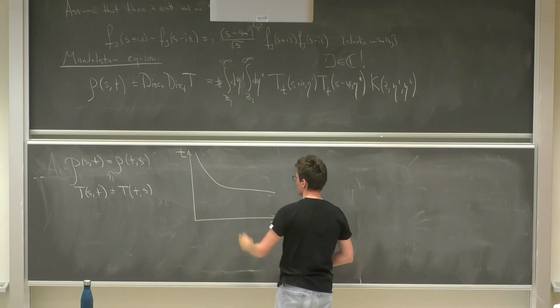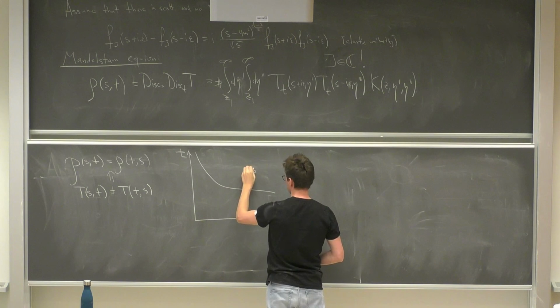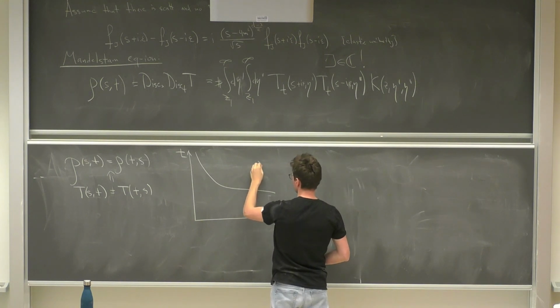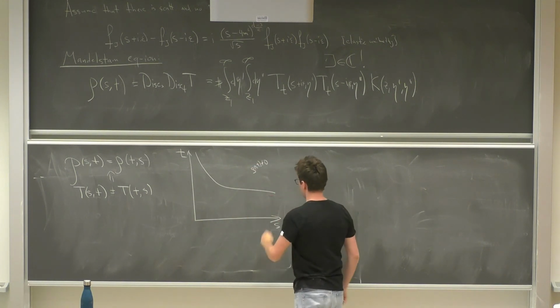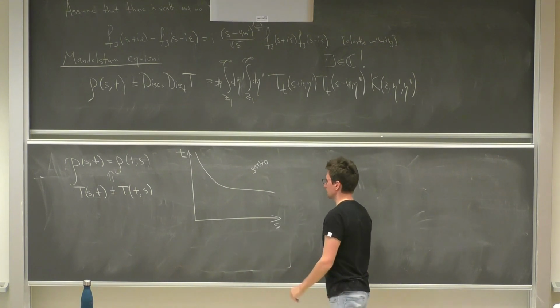So this rho of S and T is non-zero here, and this is some Landau curve, which is explicitly known.